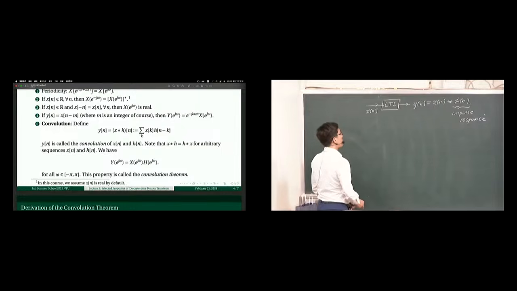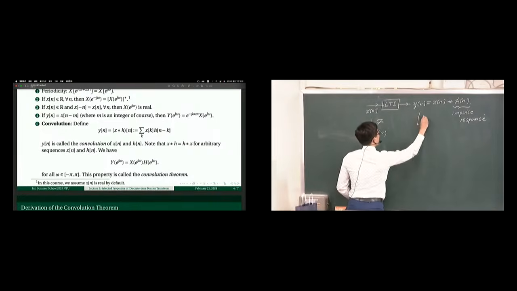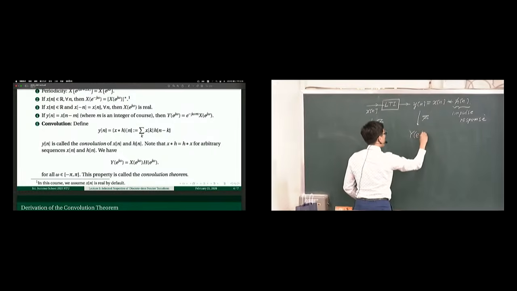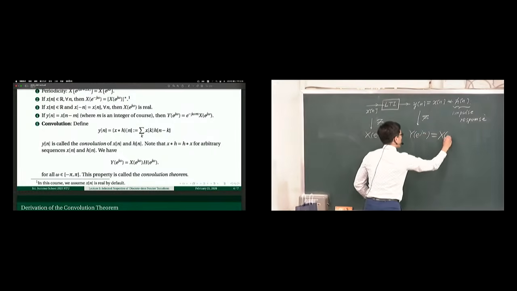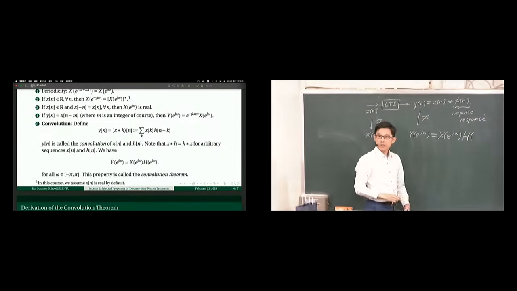So in this case, by applying the convolution theorem, it's more natural or easier to discuss what's going on in the frequency domain. Why? Because if you take the DTFT of the input and talk about its spectrum, and also take the Fourier transform of the output, then the output spectrum is simply the input spectrum multiplied with the frequency response.